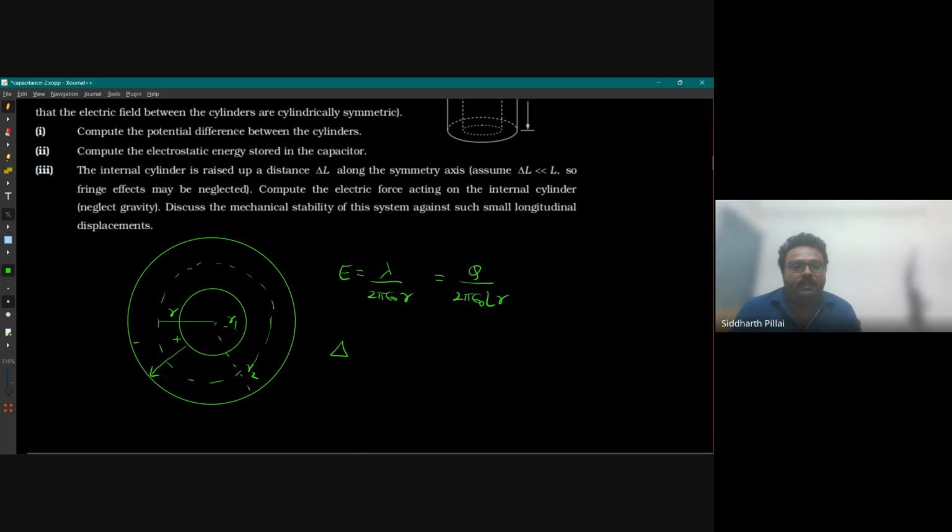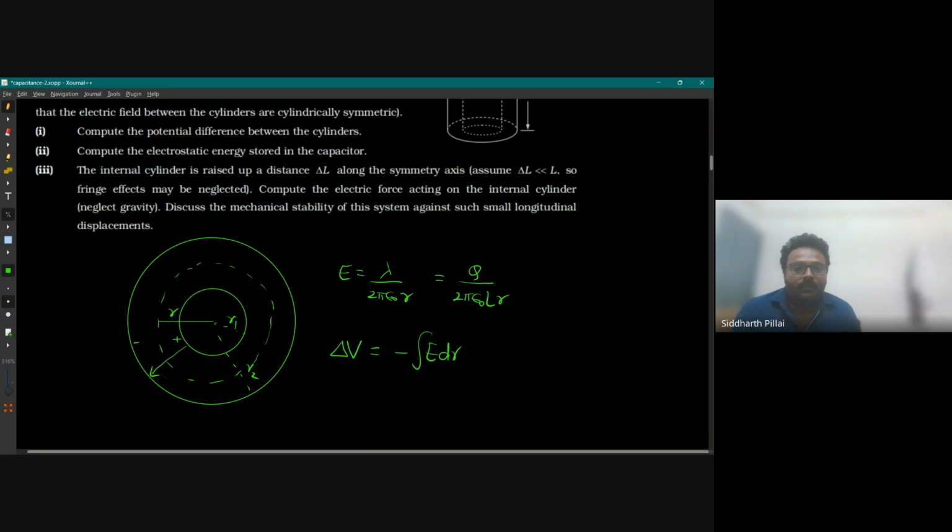So when we write down the integral, delta V is equal to minus E dR, and my R changes from R1 to R2. In that case, this delta V would be negative. If you want the higher potential minus lower potential, you just take the magnitude.